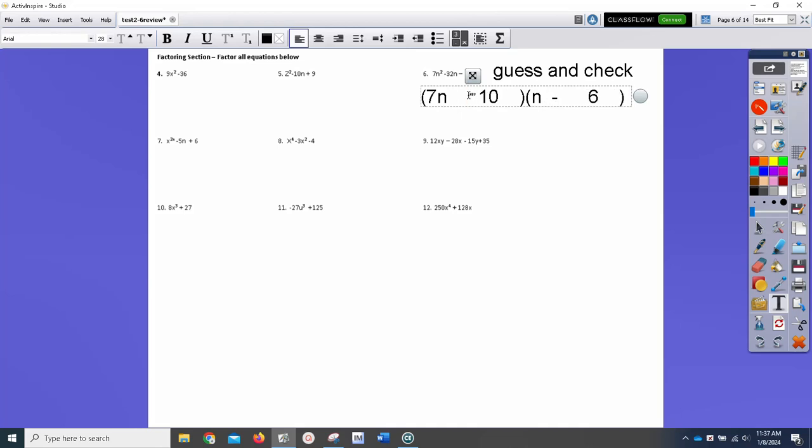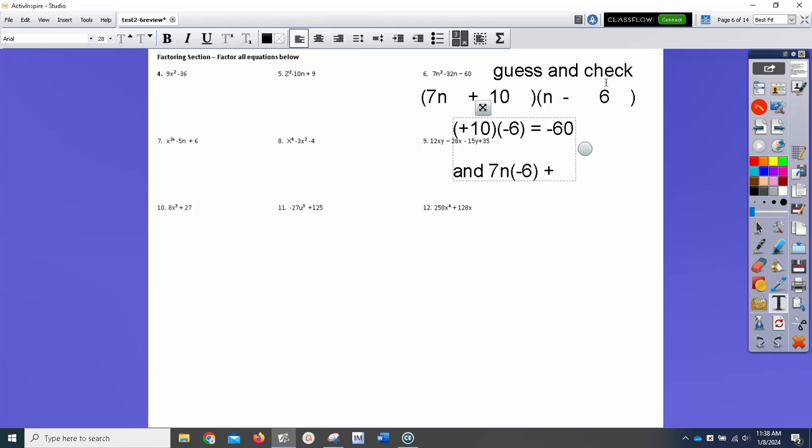That's the sign there. Because positive 10 times negative 6 is negative 60. And when I do the guess and check here, 7n times negative 6 plus 10 times n is negative 32n. So I'm guessing and I'm checking, kids. That's why it works.